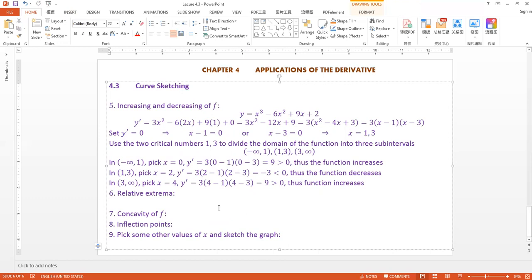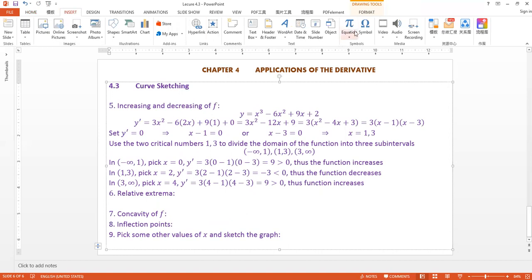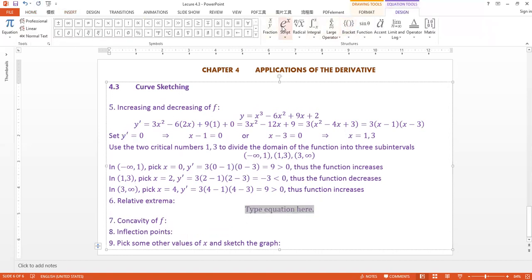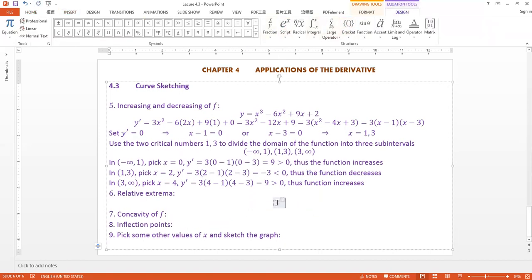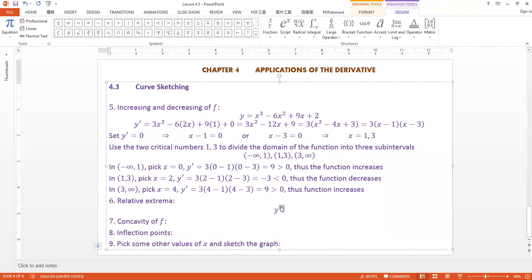Okay, so we can either use the first derivative test or the second derivative test. It turns out it's a little easier to use the second derivative test. So why don't we just do the second derivative test to locate the extrema of the function, remember?